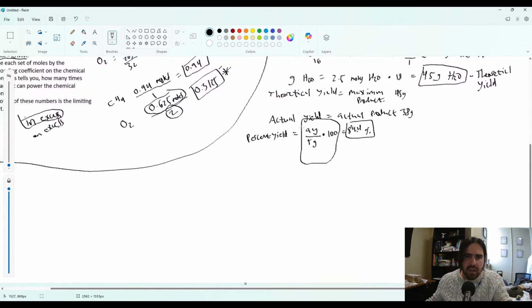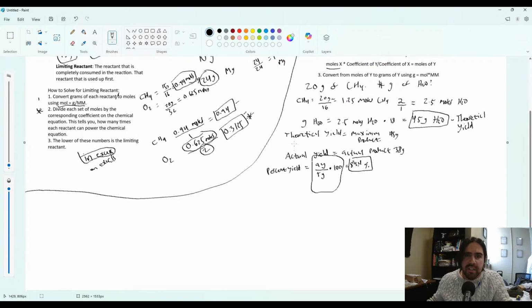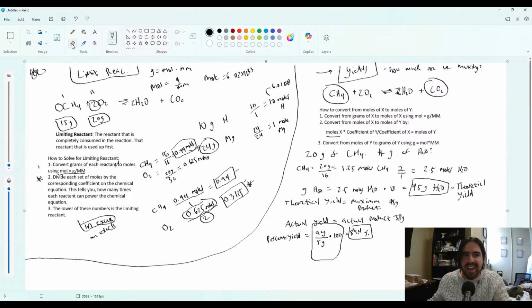Okay. Now, I'm not going to do a practice problem for what I'm about to say, but this is something I want you guys to be aware of, because oftentimes these two things will be pieced together. What I'll do is you can say, hey, let's say that I had 20 grams of methane and then 20 grams of oxygen. And then I would ask, number one, what is the limiting reactant?